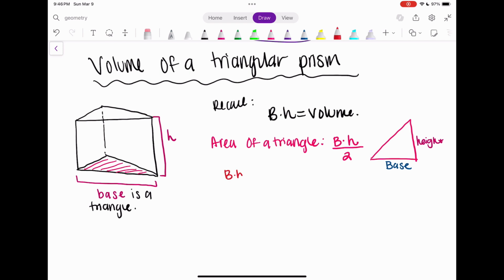So my new formula should be B times H divided by 2 times H is equal to volume. And I know this is a little bit confusing and repetitive, but I promise we just need to practice a little bit, okay?